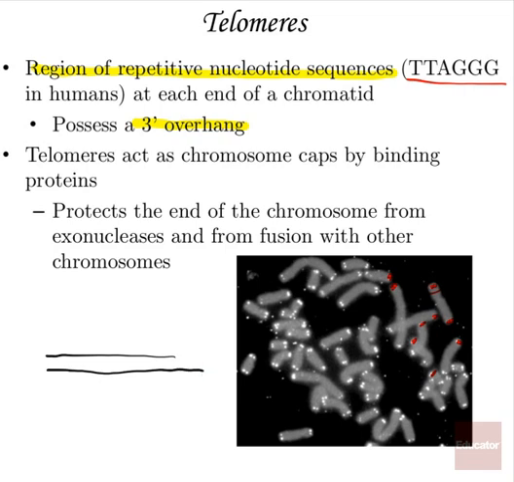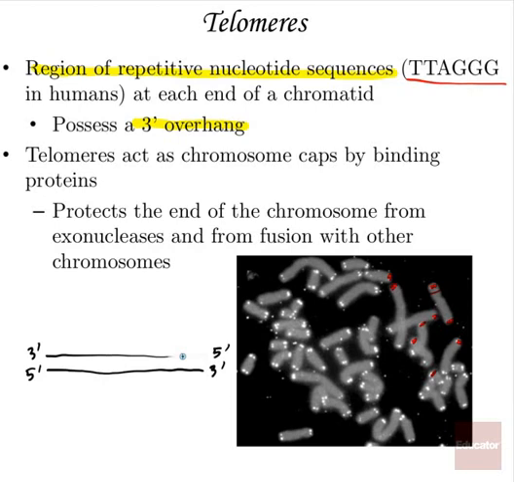So this is 3', 5', 3', 5'. This, remember, was a primer. So when it gets removed, we have a little bit shorter 5' end on the very ends of our chromosomes. So we have a 3' overhang. Now this is important, and we'll talk about it in the next slide.